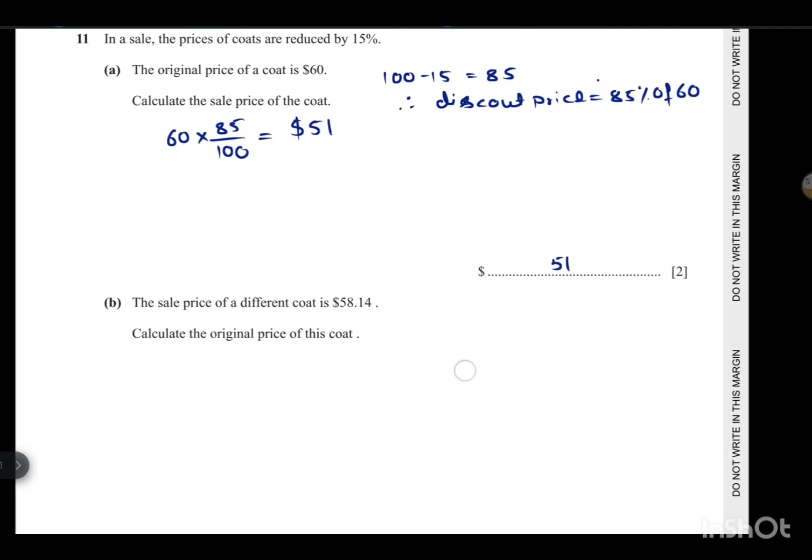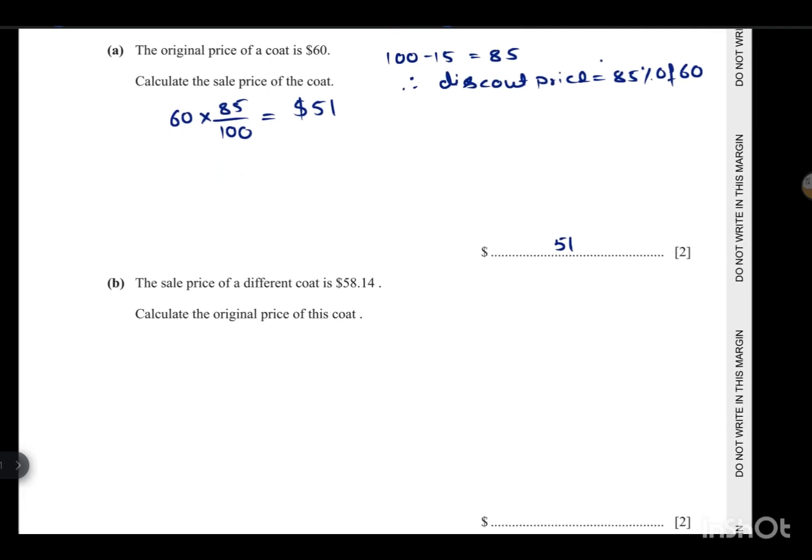Question B. The sale price of a different coat is $58.14. Calculate the original price of this coat. So now the discount price is already given to us. We need to find the original price. So to find the original price, it will be the discounted price multiplied by 100 divided by 85.